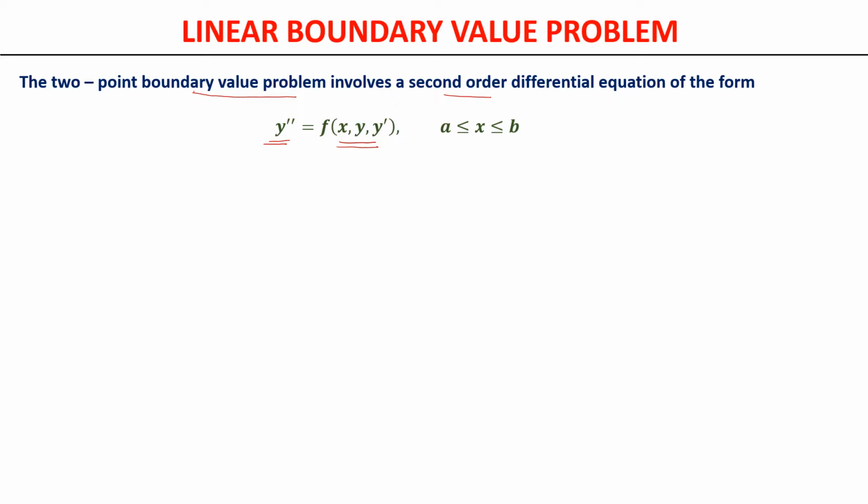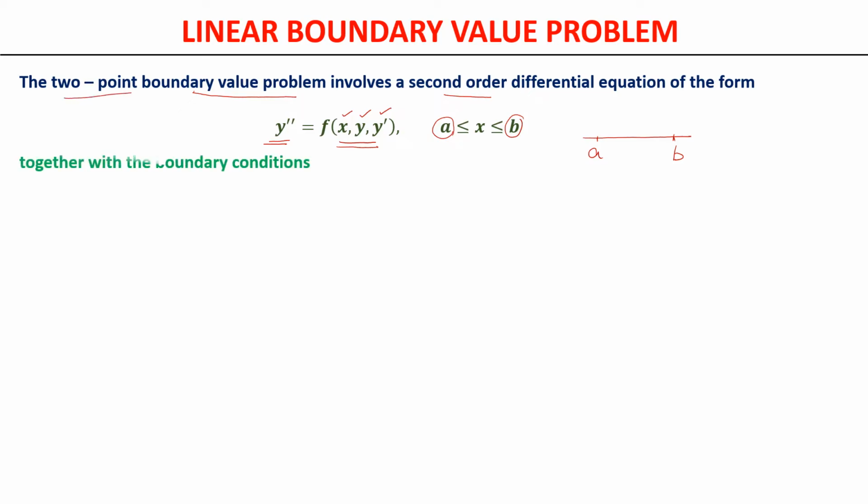So x is your independent variable, y is your dependent variable, y dash is your first order derivative. And the limits of x, the independent variable, are a and b. So the range of x is from the point A to the point B. This is how the differential equation is first defined in a 2-point boundary value problem.